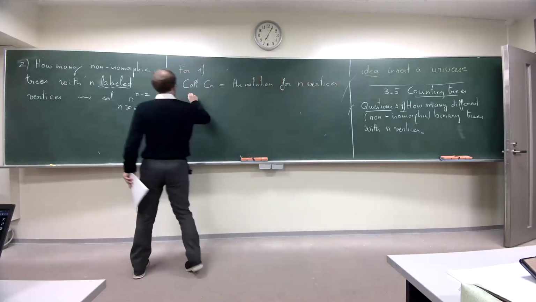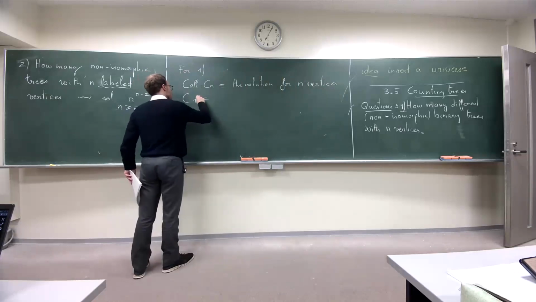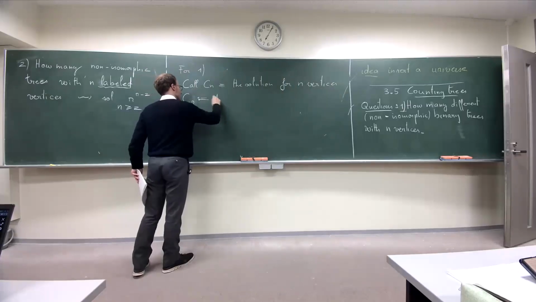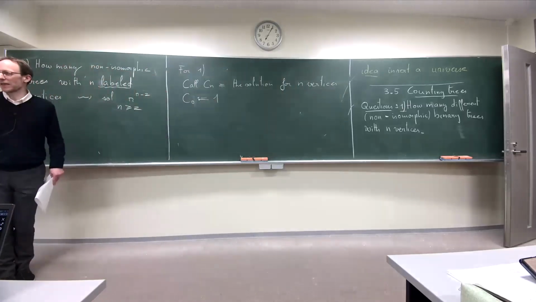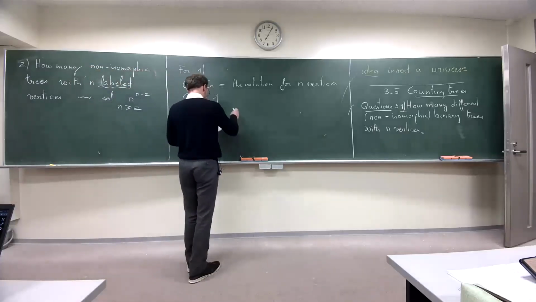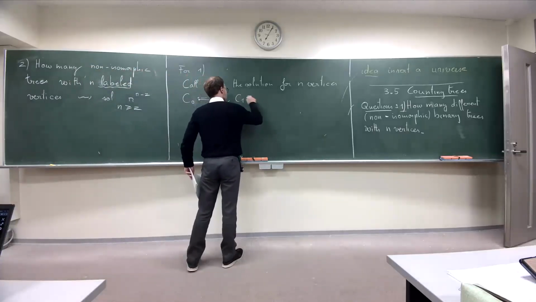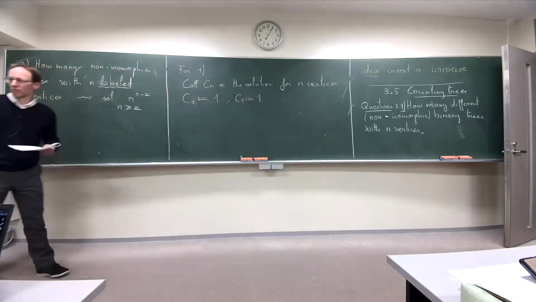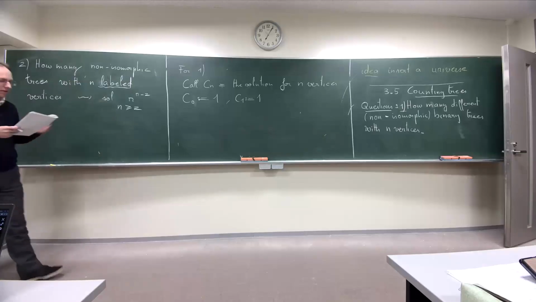So let's check. C0, I take as a definition. It's 1, you will see why it's convenient. And the same for C1, I just fix it equal to 1. This is just a convention.